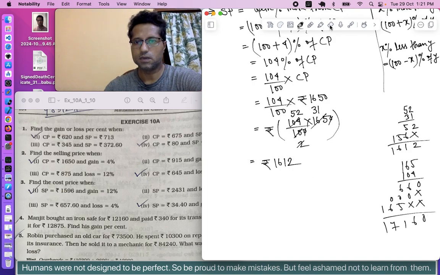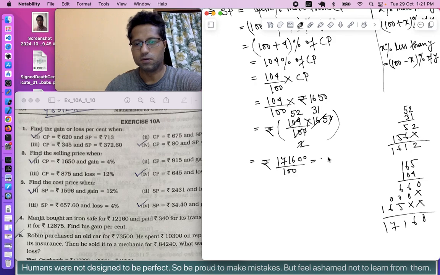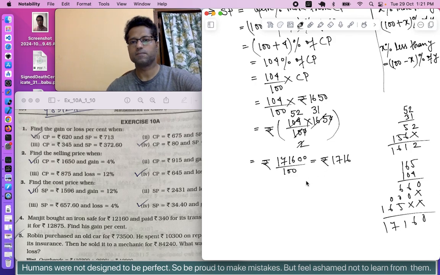So this will be 17160 divided by, there was 1650, so there will be another 0, by 100. This is equal to rupees 1716. So the selling price is 1716.